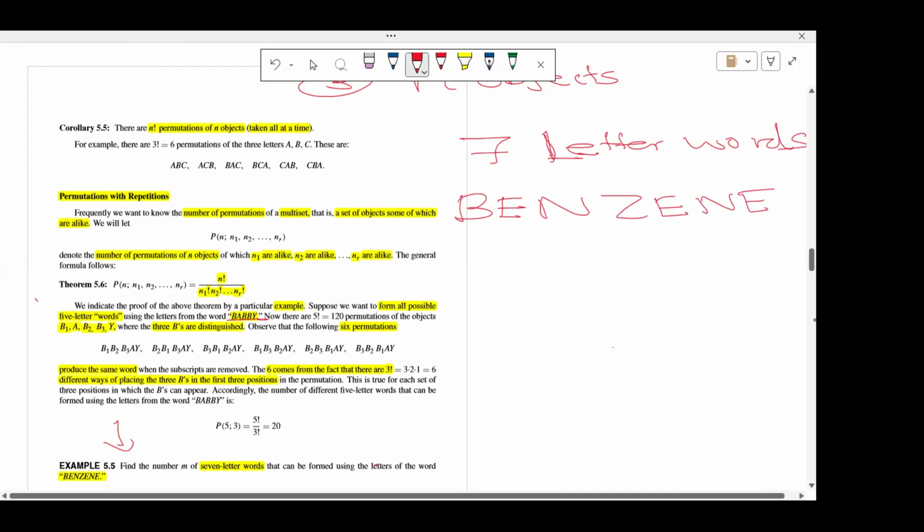Altogether, we have 7 letters. By utilizing these 7 letters, how many words can we generate? This is the question. Tell me what the answer is.